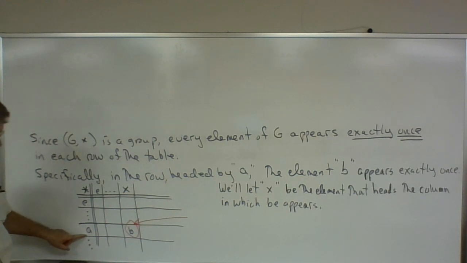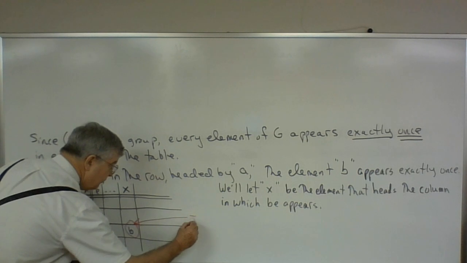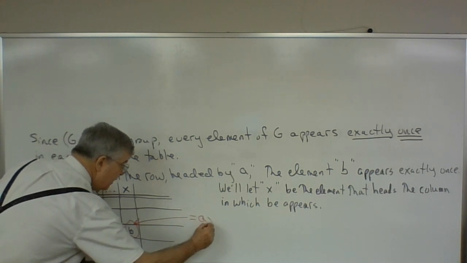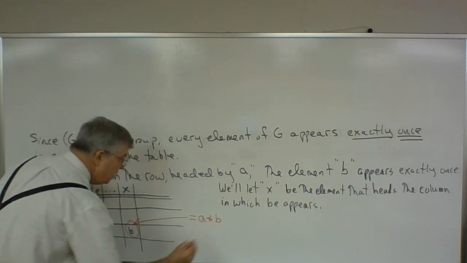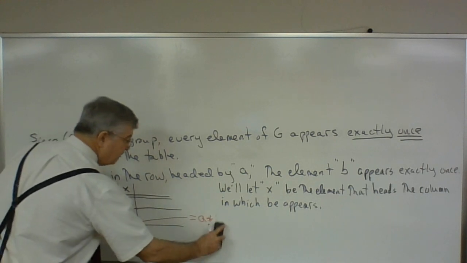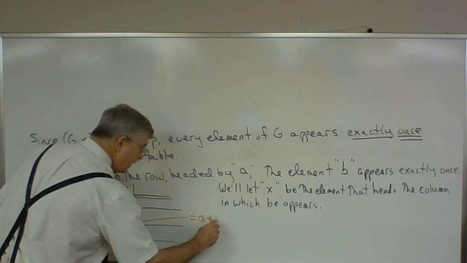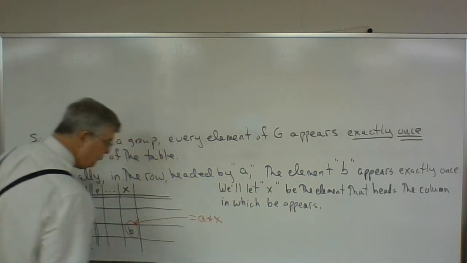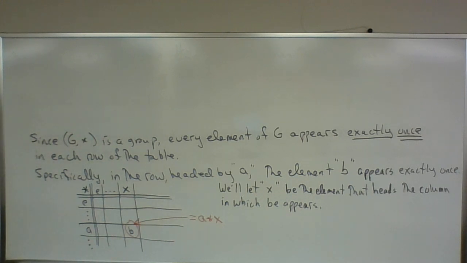This is in the row headed by A and the column headed by X. So this is A star X. So what have we shown?